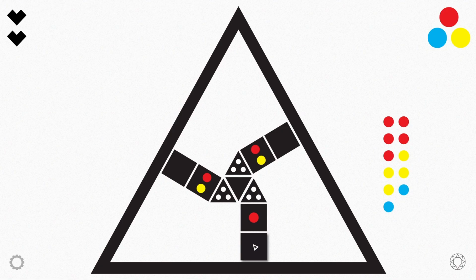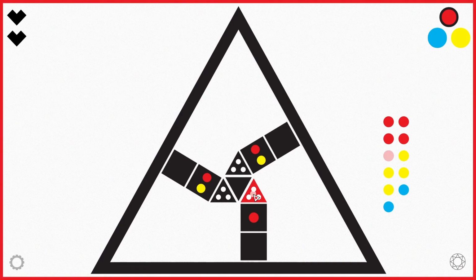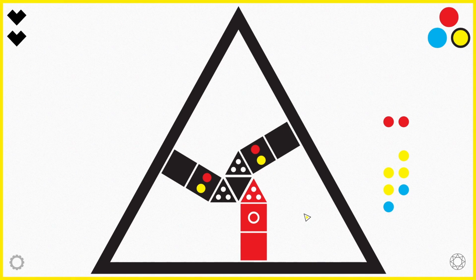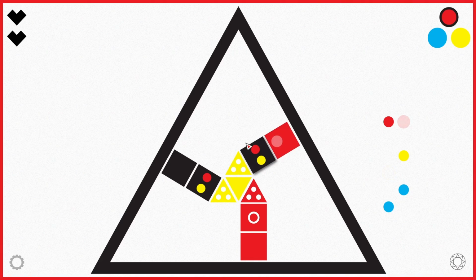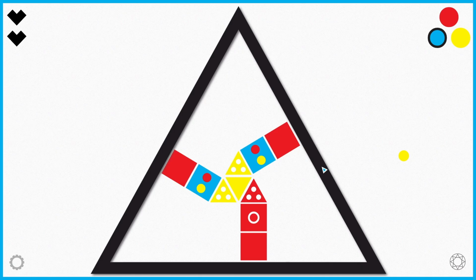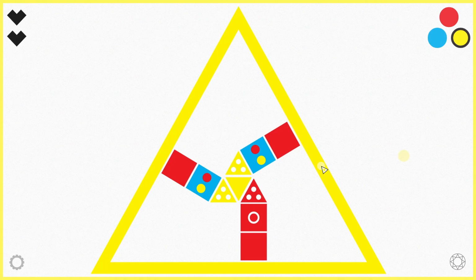I am guessing then red, red, red, and therefore yellow, yellow, yellow, and red, red, and that means there are 2 blues and a yellow remaining. Okay, these can't be yellow because that would mean this went to 4, right? Blue, blue, and then this one is the remaining yellow.